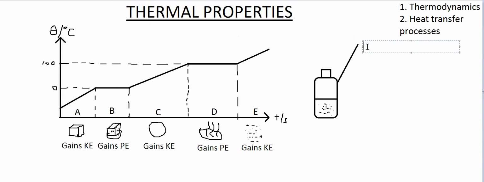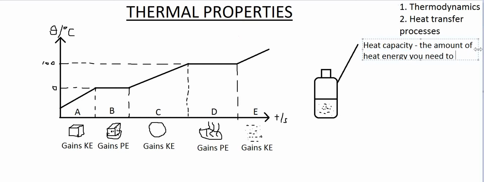Heat capacity is the amount of heat energy you need to raise the temperature of a substance by 1 degree Celsius or 1 Kelvin.